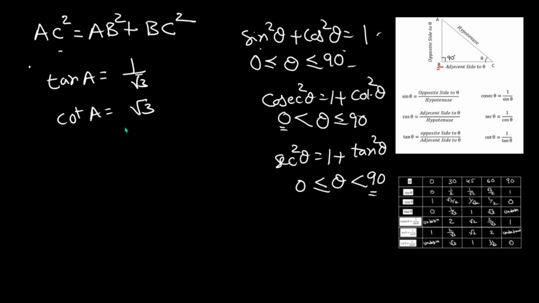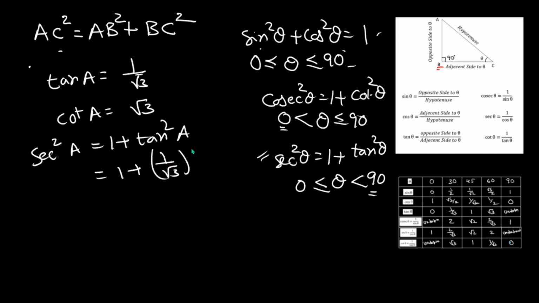Let's use this identity: secant square theta is equal to 1 plus tan square theta. Here the angle is A, so secant square A equals 1 plus tan square A. Tan A is 1 by root 3, and whole square, so 1 plus 1 by 3. Taking 3 common, 3 plus 1 becomes 4 by 3.